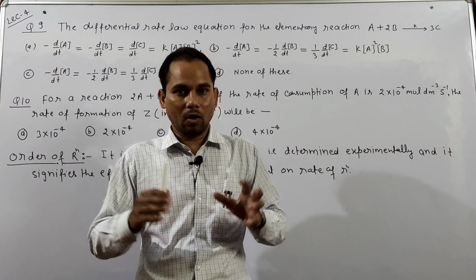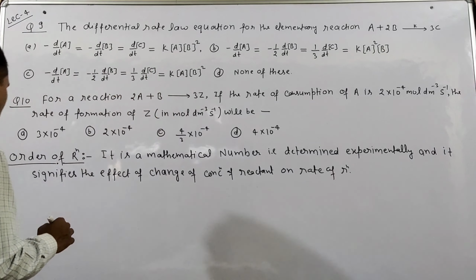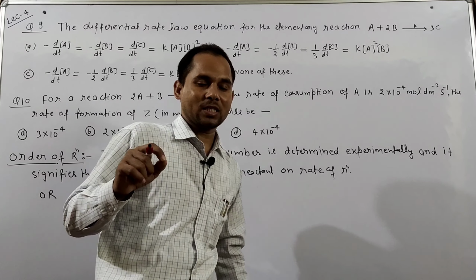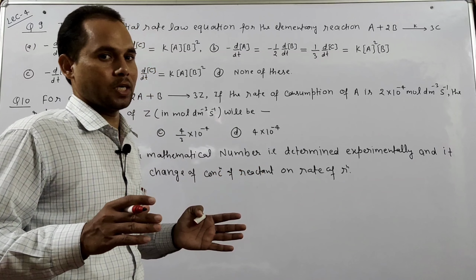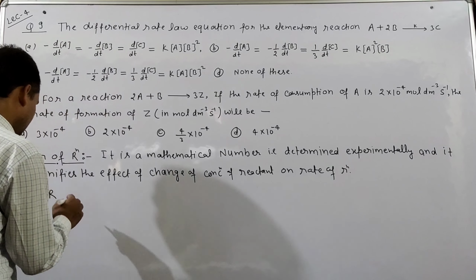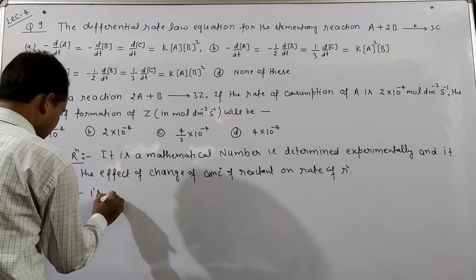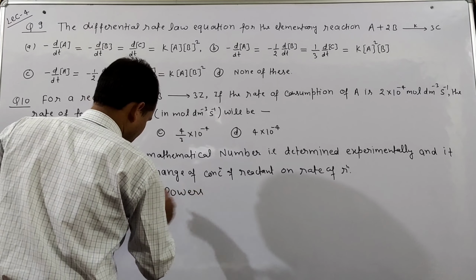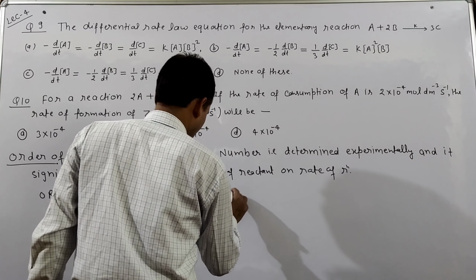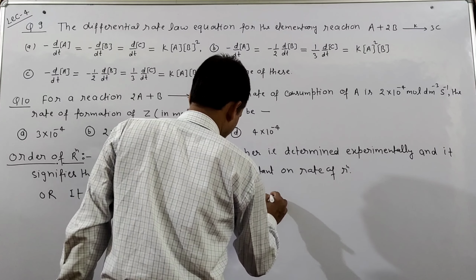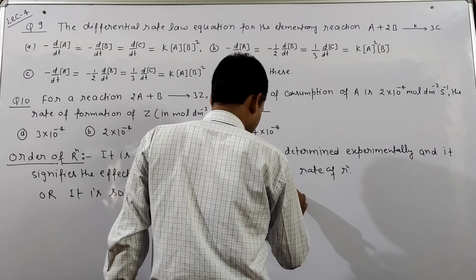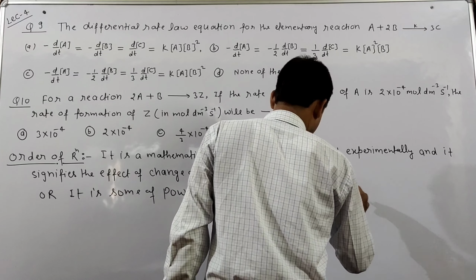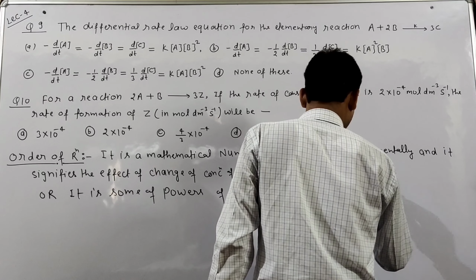In a simpler mathematical way, we can write here that the order of reaction is the sum of powers of the concentration of reactants in the rate law expression, or rate law equation.